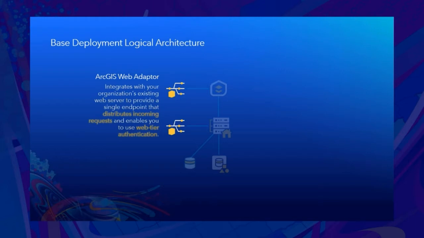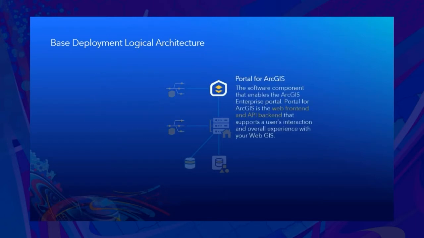So it will take traffic that is now on a well-known port like 443 HTTPS, and it'll manage those requests and send them to the appropriate internal ports of Portal for ArcGIS, which is 7443, and ArcGIS Server, which is 6443. And it'll allow you to take advantage of those signed certificates that are at your web server and really provide that integration there with your organization's web server environment.